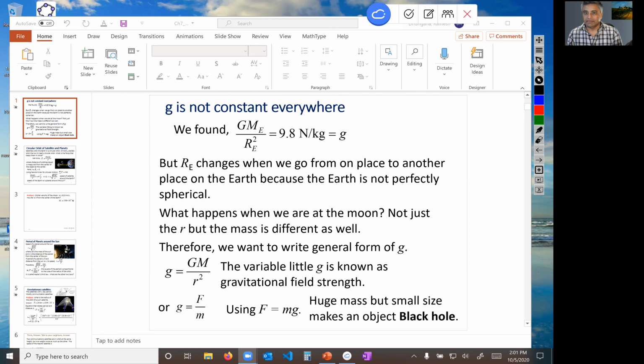But that assumes that we are here on the surface of the earth. If we go above, then what happens? R becomes larger than RE. And in our formula, R is the distance between two objects, right? So this circle is, let's say, Earth.